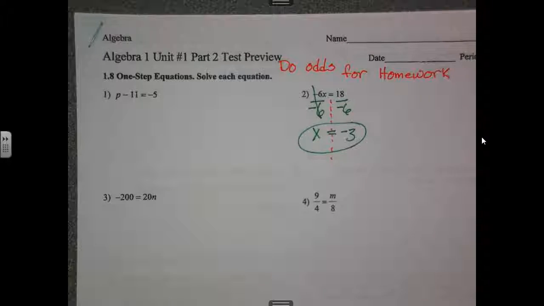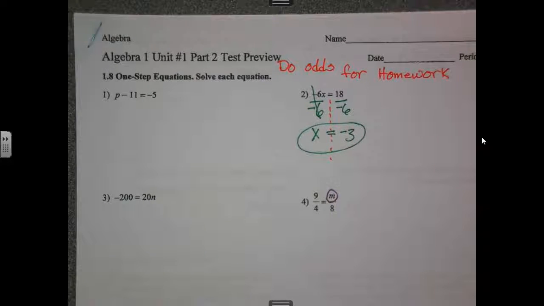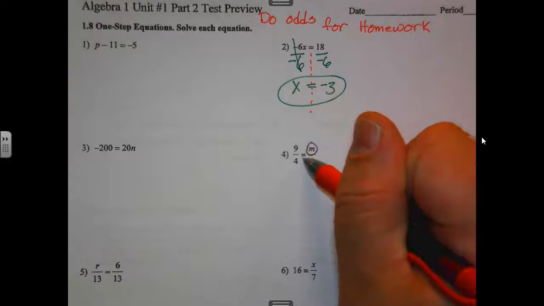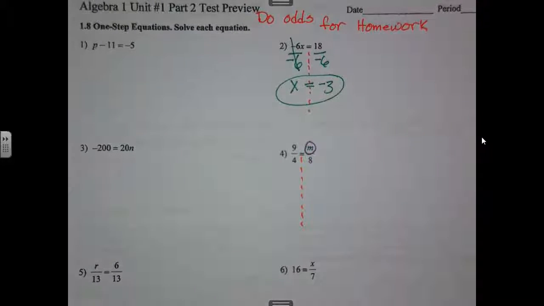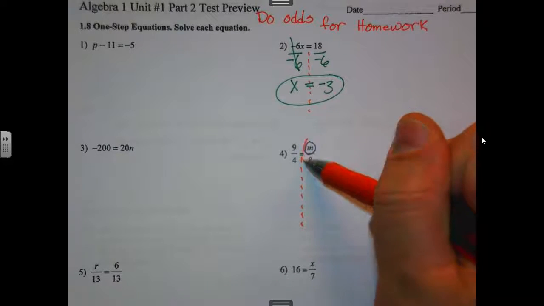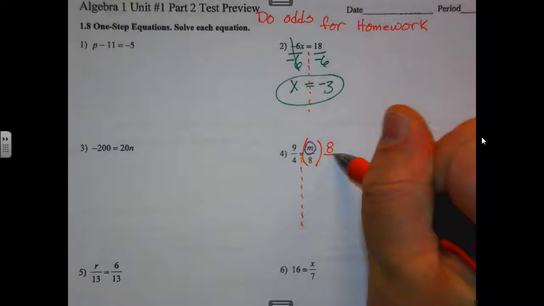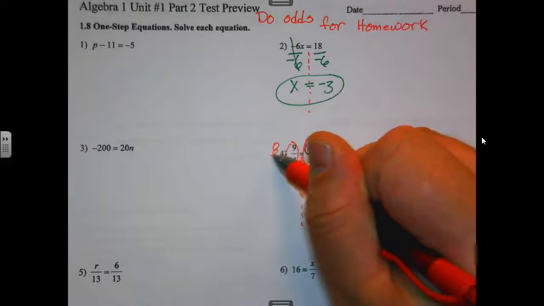Okay, number 4. Here's my m. I have to get m by itself, or isolate the variable. My m is being divided by 8. So I'm going to undo division by 8 simply by multiplying by 8, both sides of the equation.